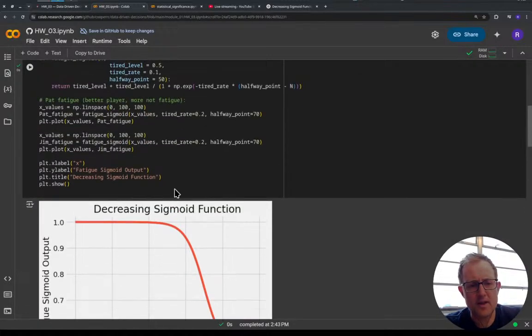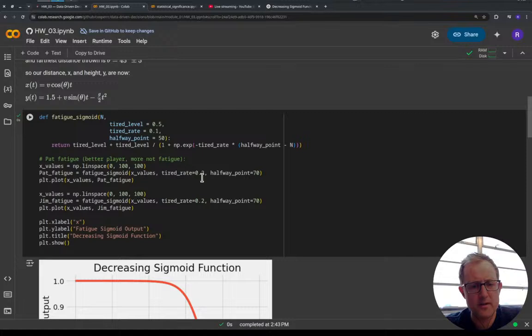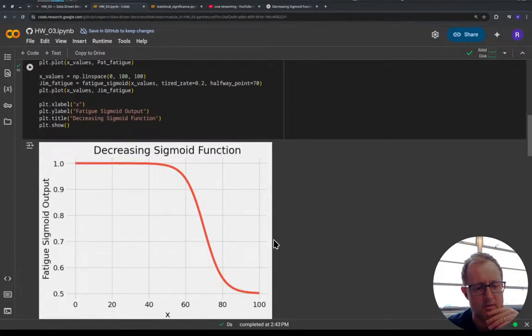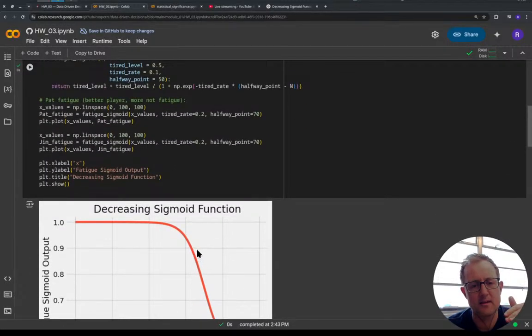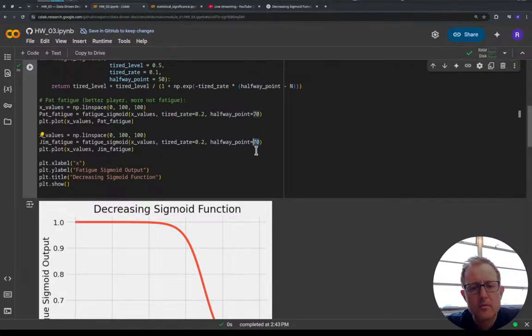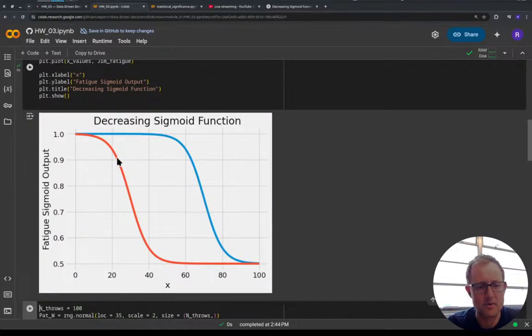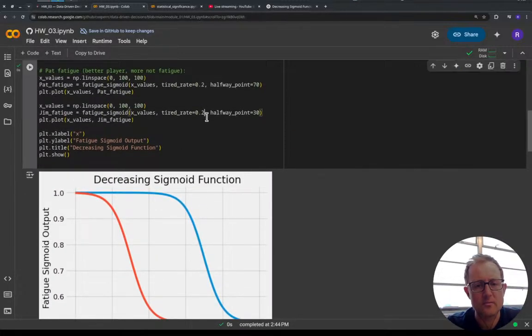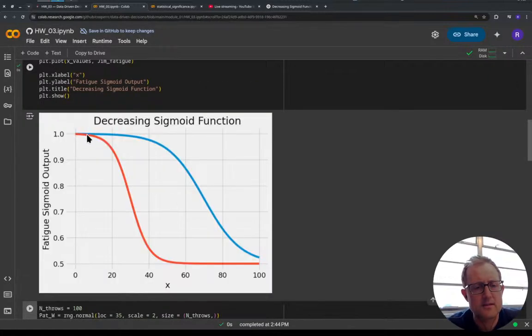So right now I'm plotting the same thing, they're both the same, but let's say they both decrease to half, but Jim does it faster. So let's give Jim a 30 halfway point. At that point he's at the 50% mark. We'll say he gets tired faster than Pat.